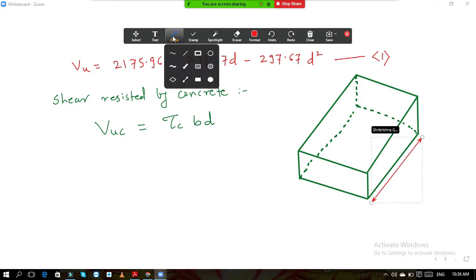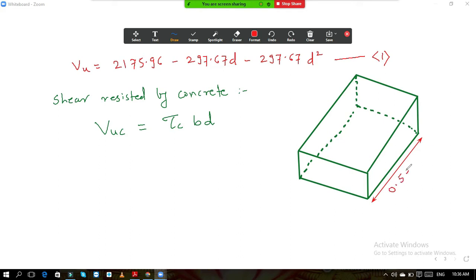This is 0.5 plus D. Already we have derived. This is 0.5 plus D for the critical section. Then this is your depth. This is the depth. Okay.